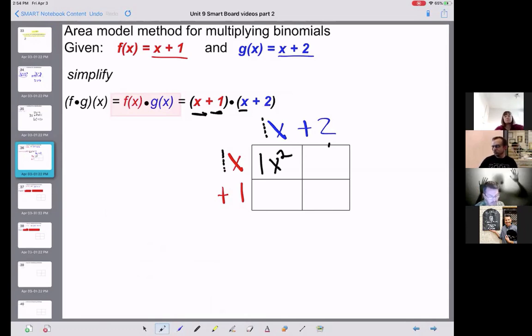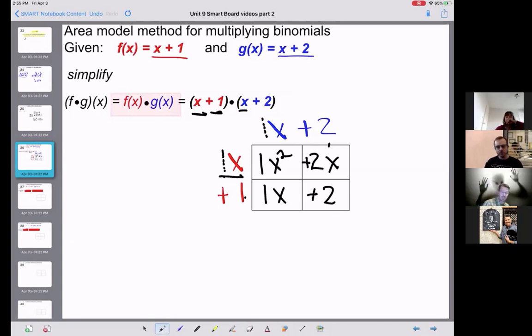Going down the line, 1 times 1 is 1, and x. Then I come over to this box, I have x times 2. Well, 1 times 2 is 2, and there's just one x, so that goes there. I'm going to make a positive x, so we know where that's positive. And then we have 1 times 2 is 2, and we'll make that positive.